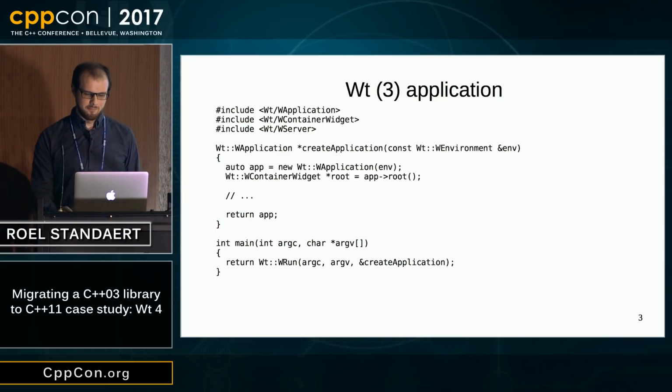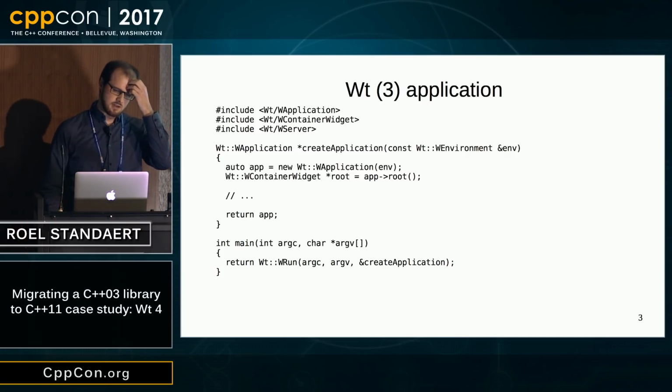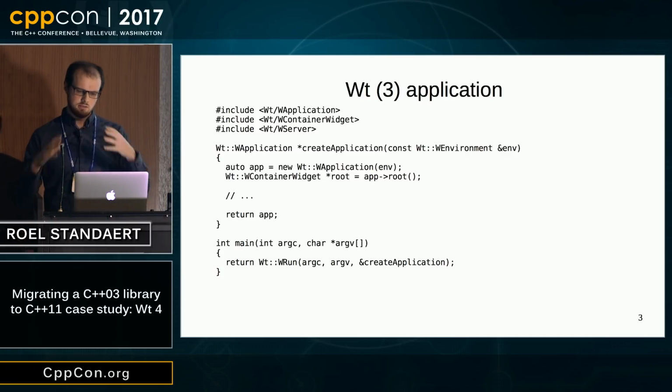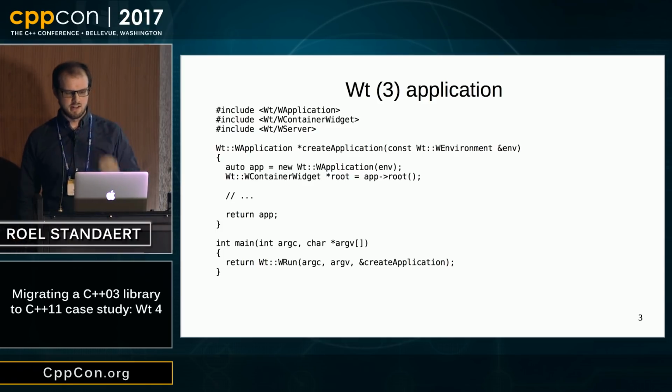And then you get the root of this application, because in Witty, everything is organized in this widget tree. So you start from the root and you add everything to this root widget. That's where you would add a whole bunch of stuff to this root widget and connect your signals and slots, and then eventually you return this application to Witty and Witty will take it from there.